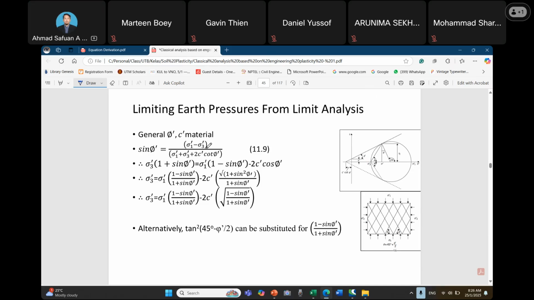So from here, we try to simplify the equations to get the full equations to determine the active or passive lateral force.